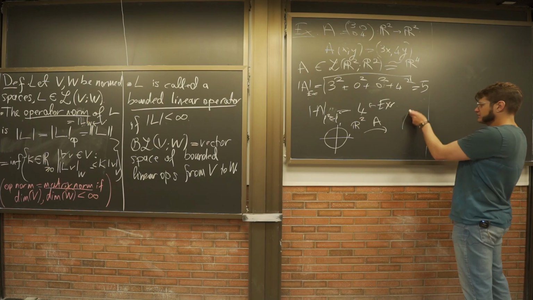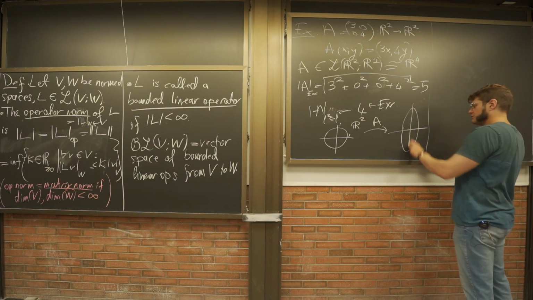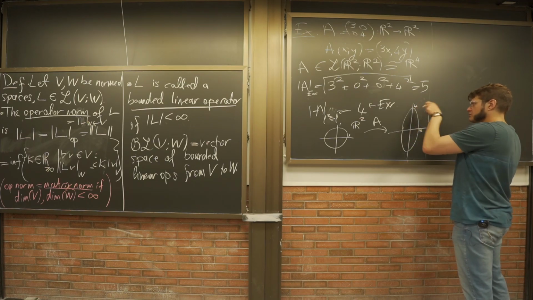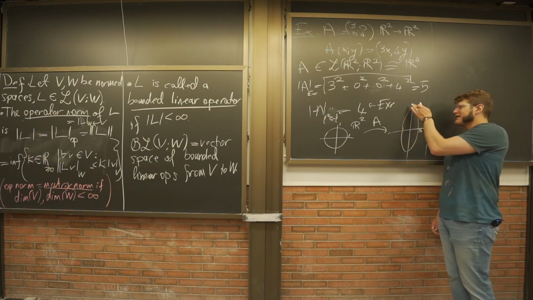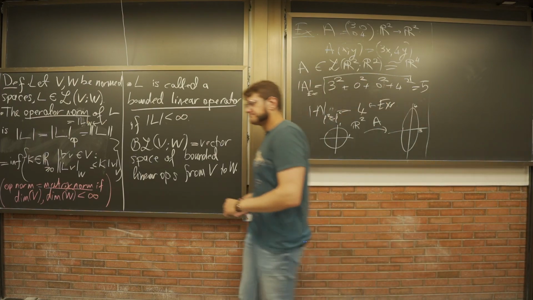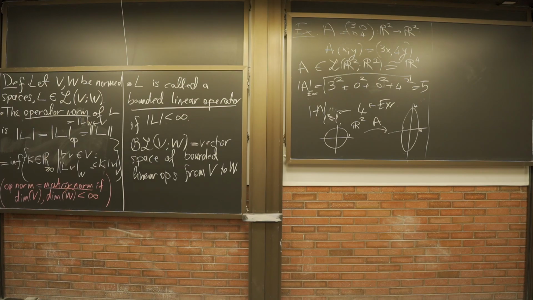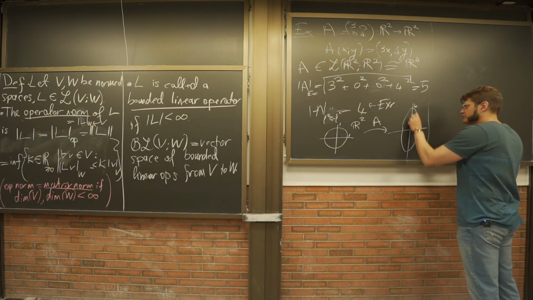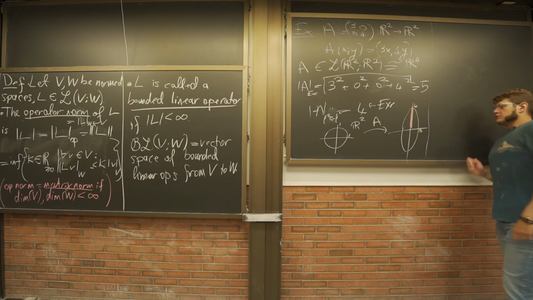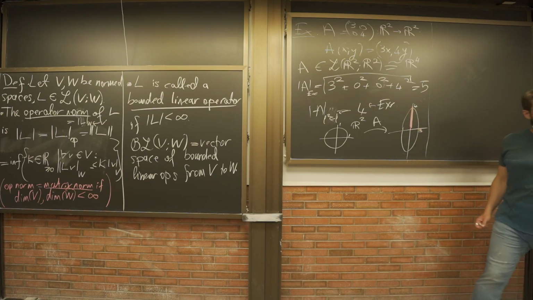So it's going to be something like this. And then you say, oh, the operator norm of this should be the maximum stretch. That's the geometric way of thinking about this operator norm business. Okay?